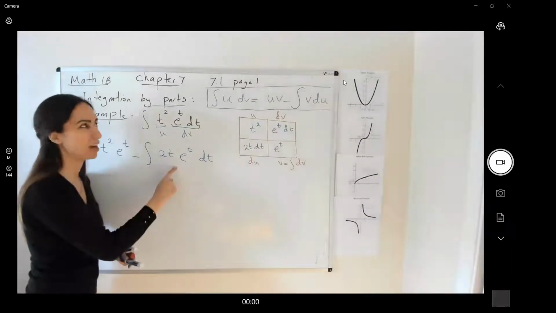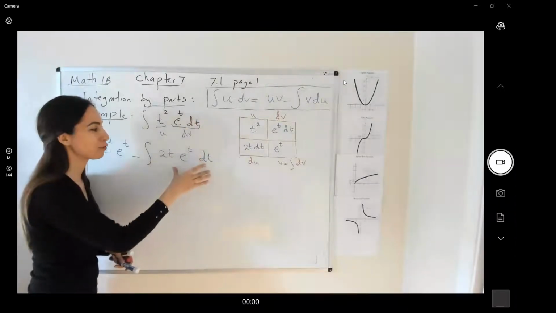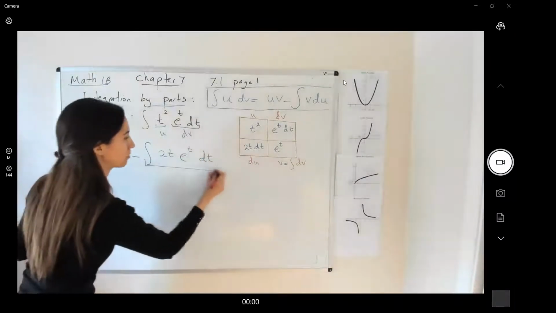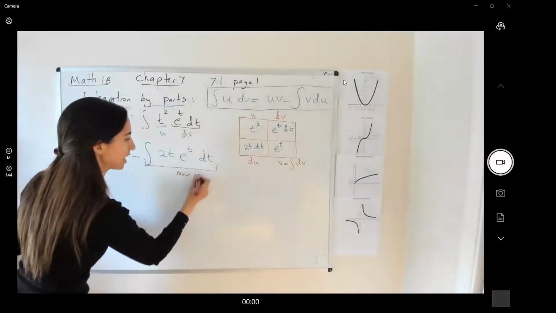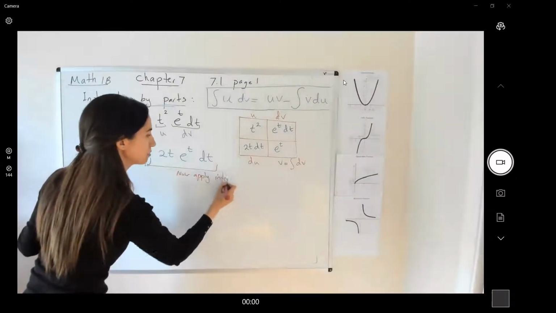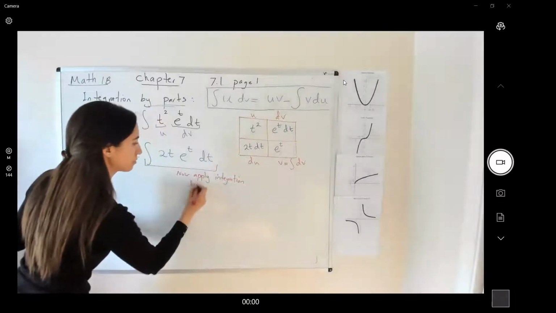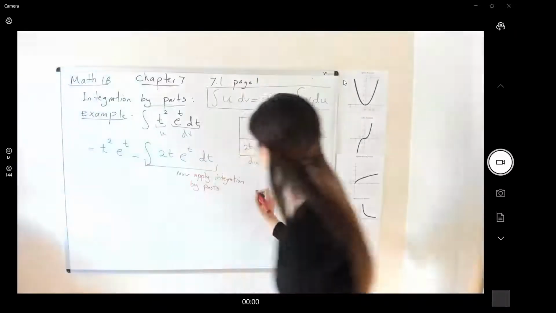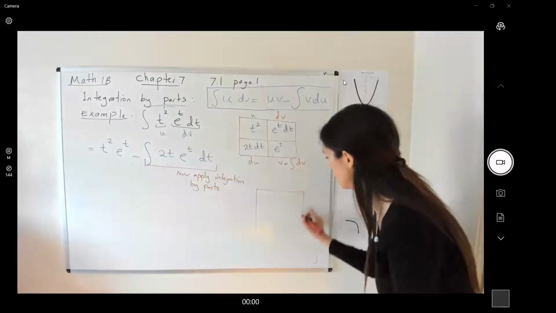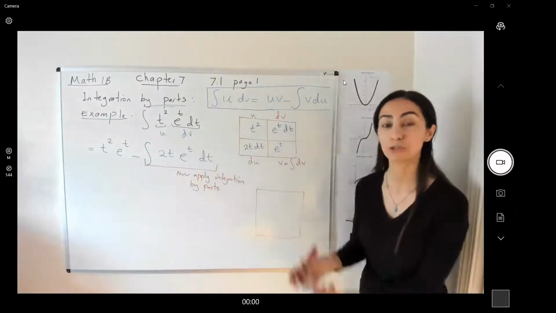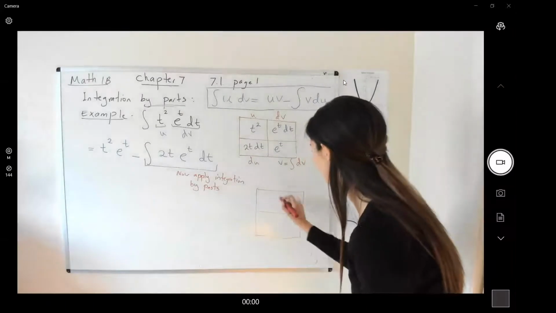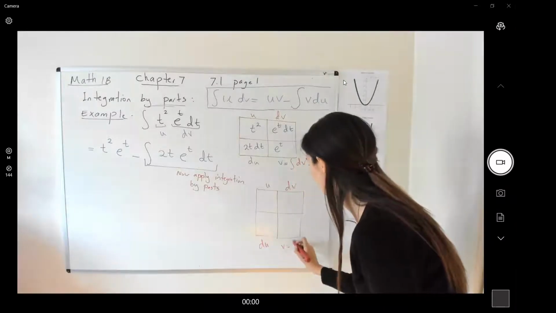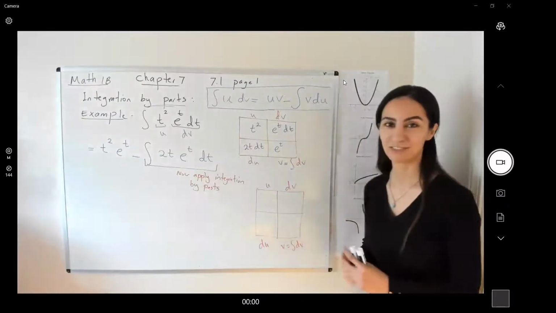We have to apply integration by parts for this integral as well. Now, apply integration by parts one more time. So, your second table, now you need to identify your u, you need to identify your dv, du, v, or the integral of dv.